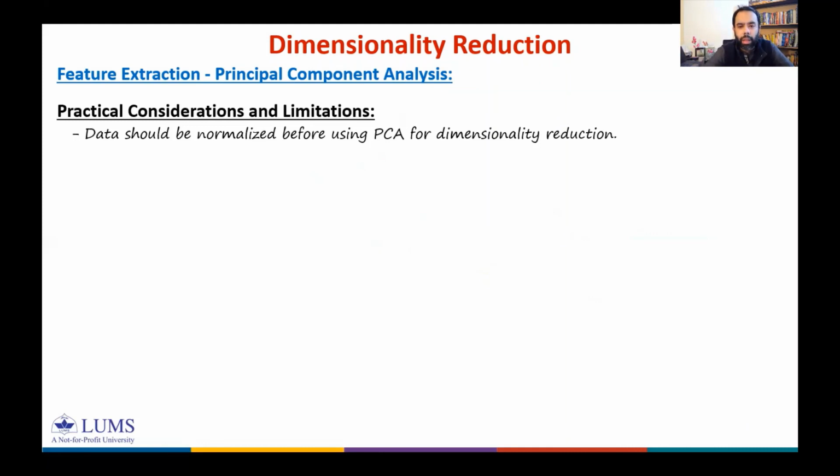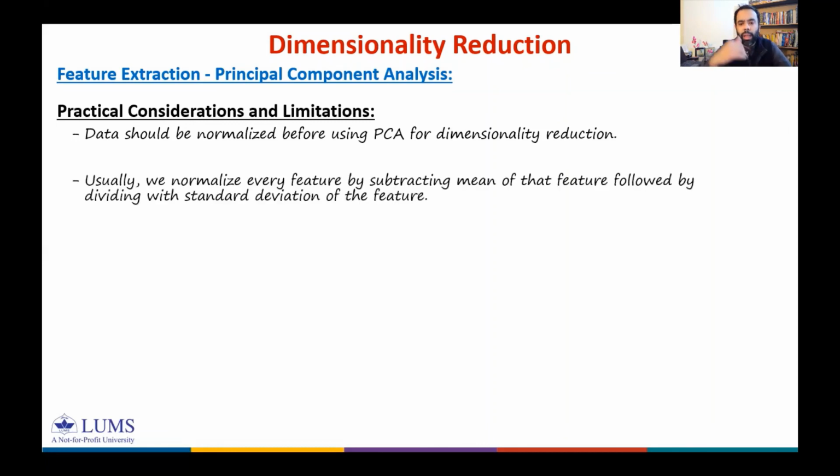There are different normalization techniques proposed in the literature, but the one that is very widely used is that you subtract the mean from each feature and you divide by the standard deviation of the feature. This mean and standard deviation is computed along the number of points for each feature. So that's how you normalize each feature.